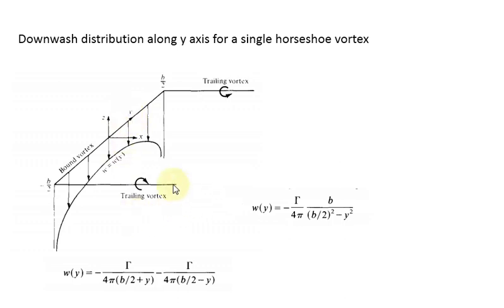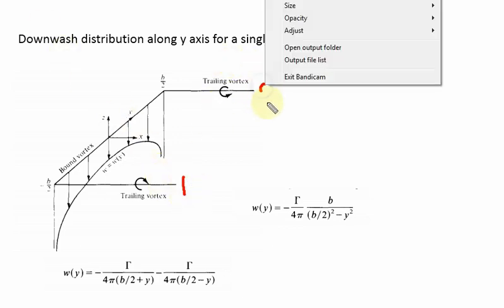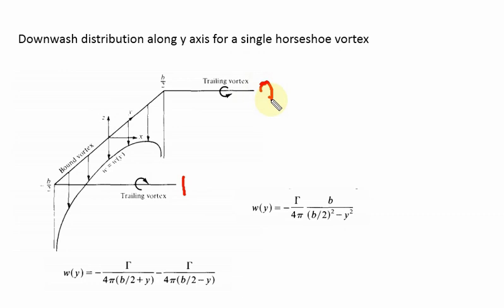We are going to use the first trailing vortex and the second trailing vortex, trailing vortex 1 and trailing vortex 2. Suppose I want to find their effect; from the trailing vortices we need to find the value at y.